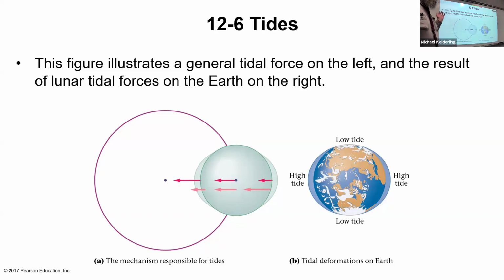In extreme cases, like near black holes or neutron stars, tidal forces can tear things apart. But they also heat up the interiors of the Jovian moons and things like that. And they also can affect the way things rotate.